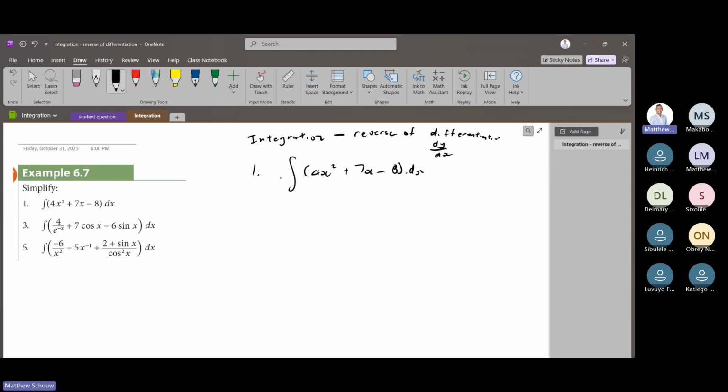When you're integrating something like this, we have terms separated by a positive or negative sign. You want to apply the integration sign to each individual term. So let me do that for you. What you're doing is multiplying dx by each one, and then we're going to have this here. Again, if you're unsure of any particular step, you can just ask me.